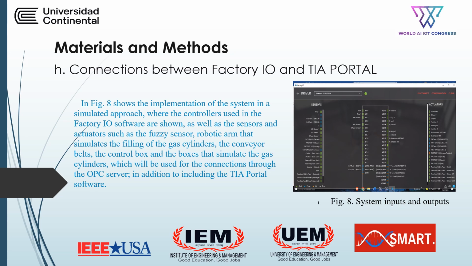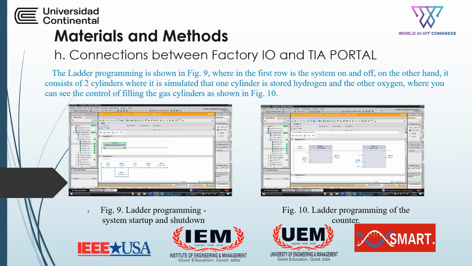Connection between Factory I/O and TIA Portal. Figure 8 shows the implementation of the system and the simulated approach, where the controllers used in the Factory I/O software are shown, with the sensors and actuators and the robotic arm in the simulator of the filling gas cylinder.